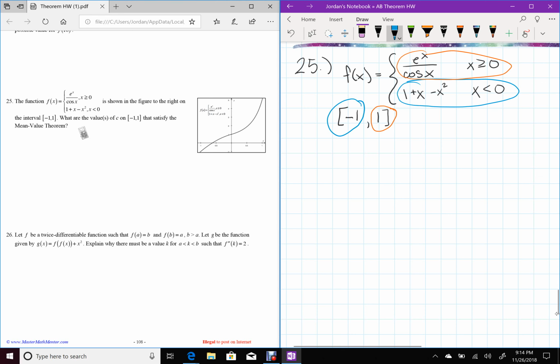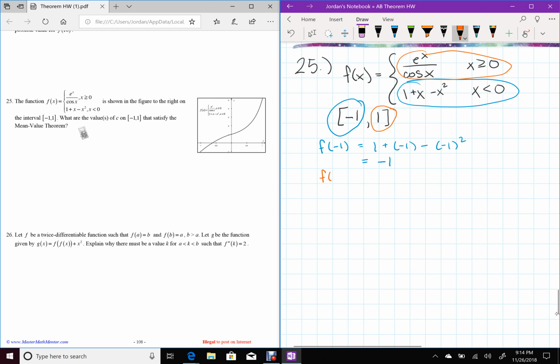So when we look at f of negative 1, we'll need to look at 1 plus the negative 1 minus the negative 1 squared, which will give us negative 1.